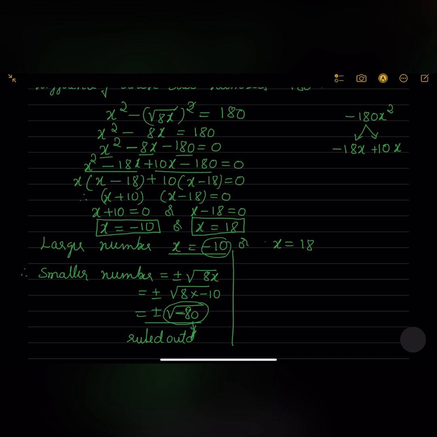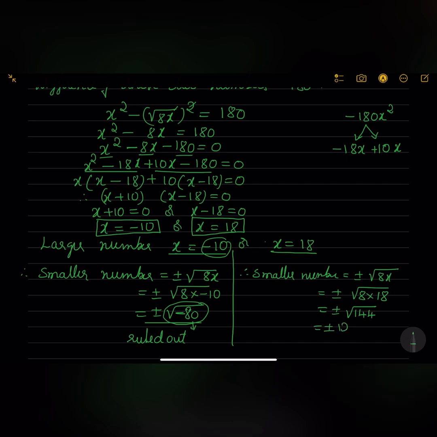Now we'll go for the next one, that is when x is equal to 18, then what is the smaller number? Therefore, the smaller number is equal to plus or minus square root of 8x. That will be equal to plus or minus square root of 8 into 18. So that is equal to plus or minus square root of 144. That is plus or minus 12.